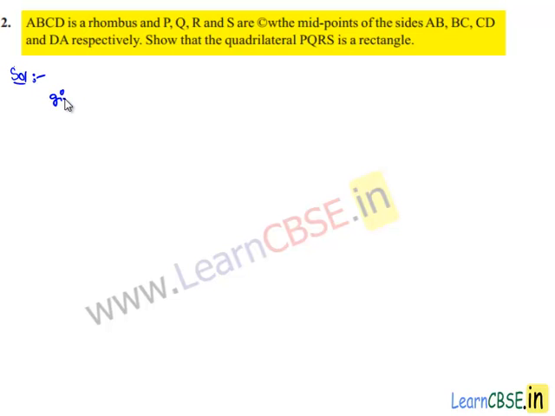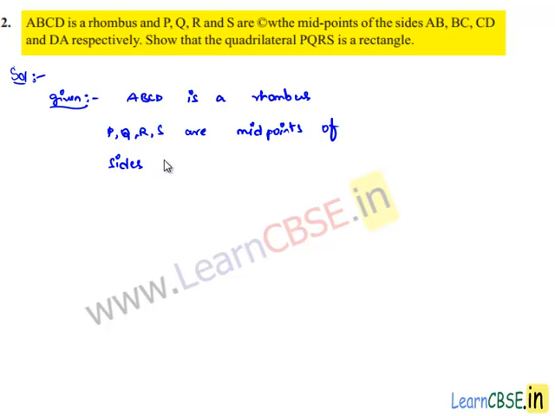Given that ABCD is a rhombus in which P, Q, R, S are midpoints of sides AB, BC, CD and DA respectively.